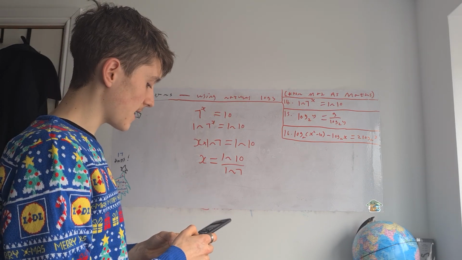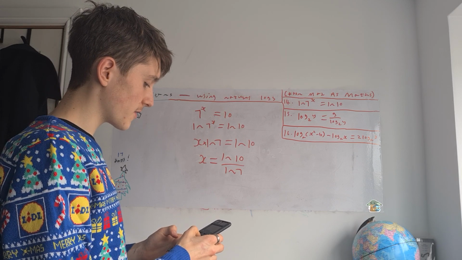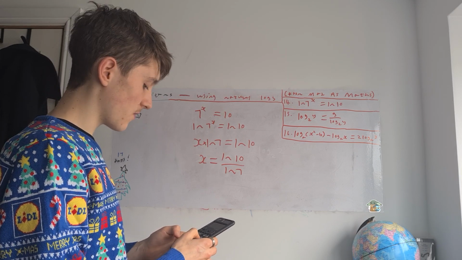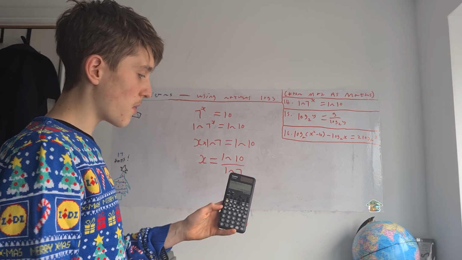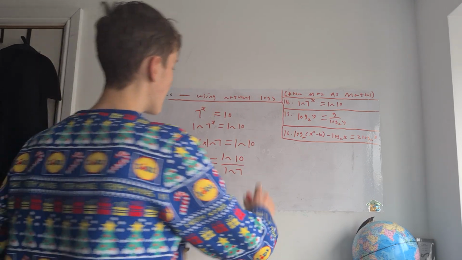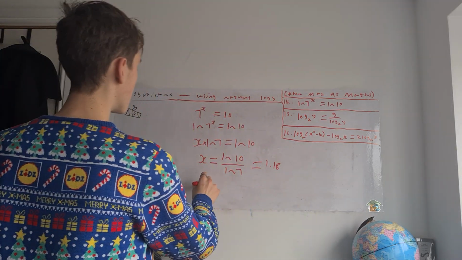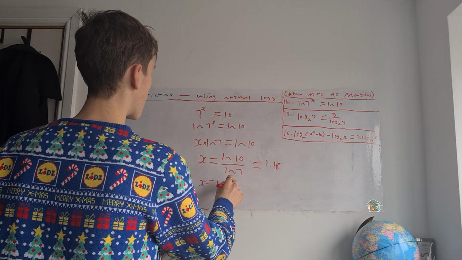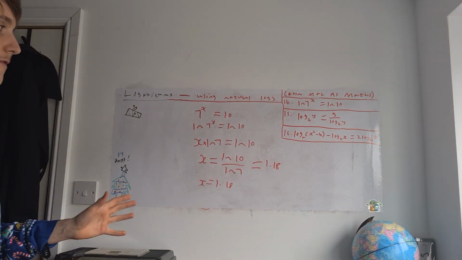You just do ln 10 divided by, go through function analysis again, natural log of 7, right? And you get 1.18 to 3 significant figures. So that is just equal to 1.18. So x equals 1.18.